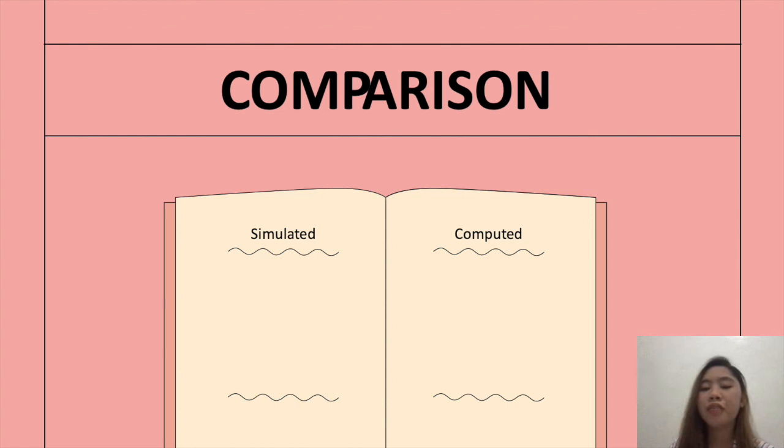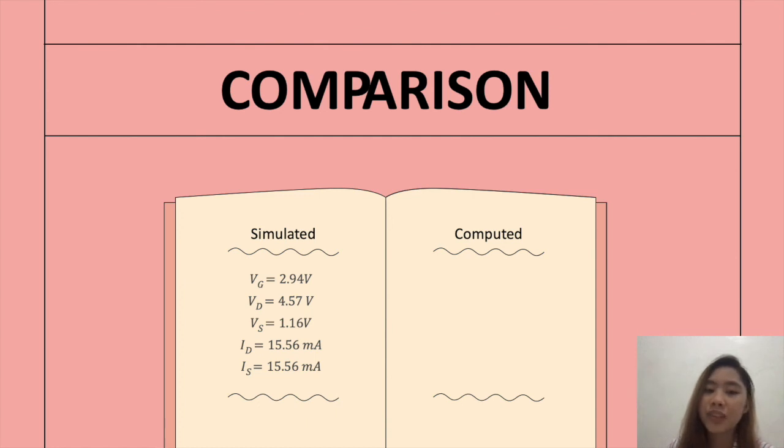Now that we have the values for the computed ones, we can now compare and contrast the values that we got from the LTSpice and the values that we computed. For the simulated values, the VG is 2.94, VD is 4.57, VS is 1.16, and the ID and IS have the same value of 15.56 milliamperes.